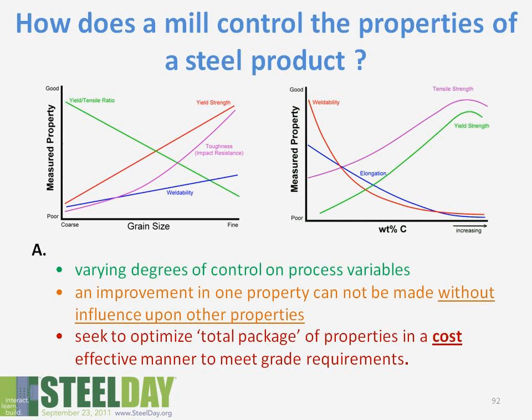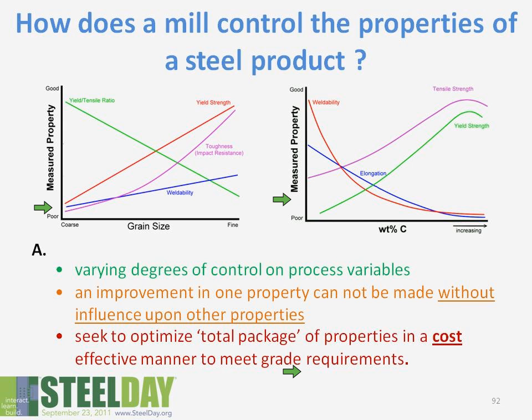So the long answer is how does the mill control the properties of the steel? Well, we have varying degrees of control of the process variables. Again, we cannot make an improvement in one property without influencing other properties. Diagrams up here show you basically in a cartoon scale the relative influences.